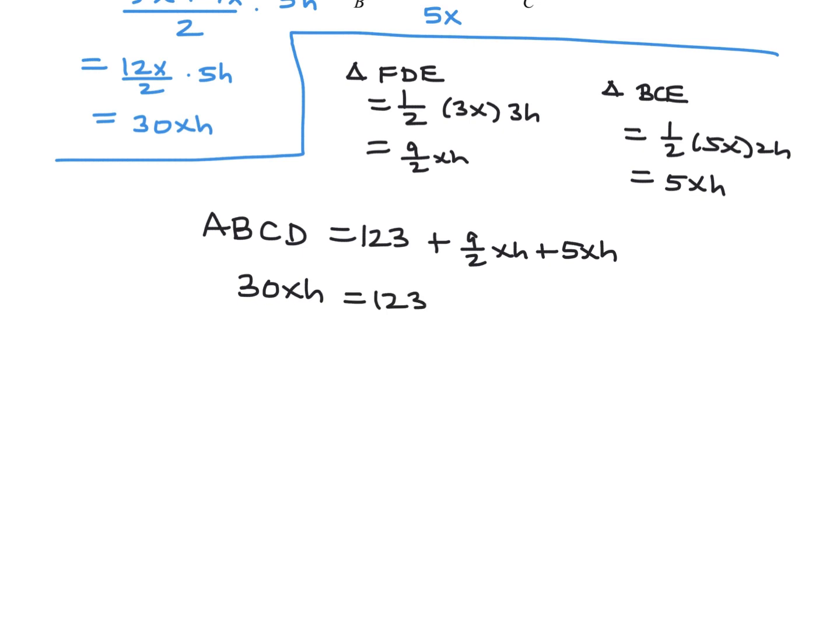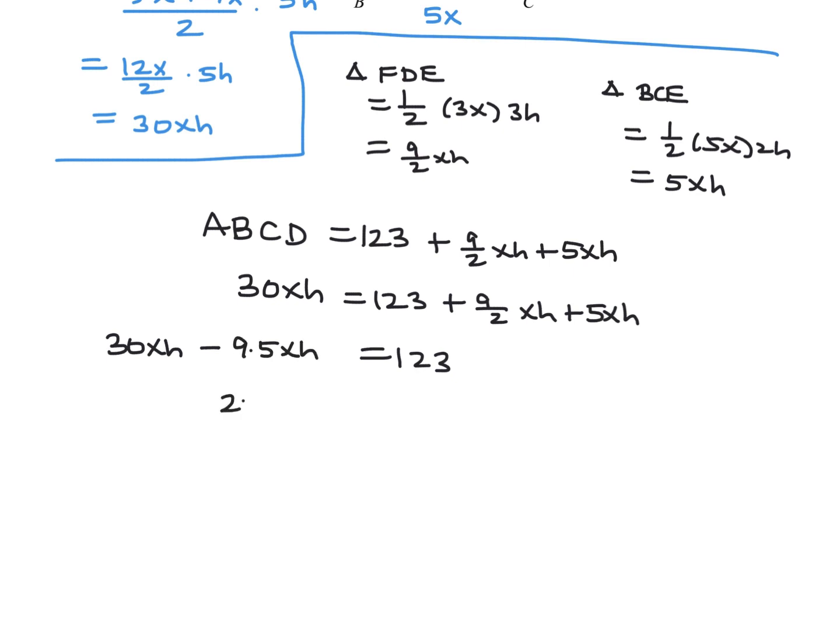So perhaps this will lead to something. Okay. What do I do here? 123, I guess I collect like terms. So this is 30xh minus 9 over 2 xh minus 5xh.